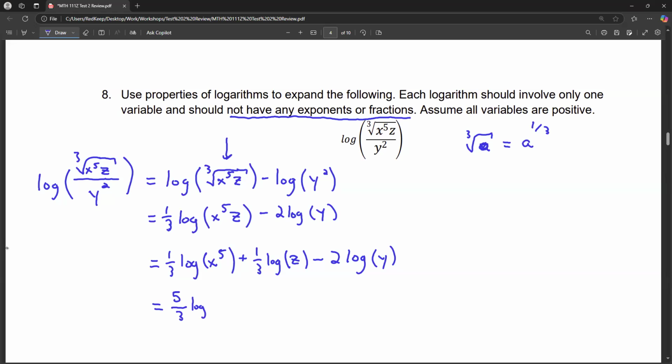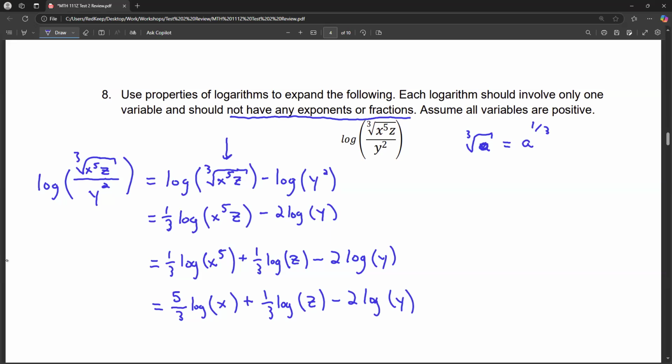Because 5 times 1/3 can be squeezed together to become 5/3. And now we just have the x as the argument of that first logarithm, our z here, and then -2 times log of y. All right. Don't think I'm forgetting everything there. I think that one's all done.